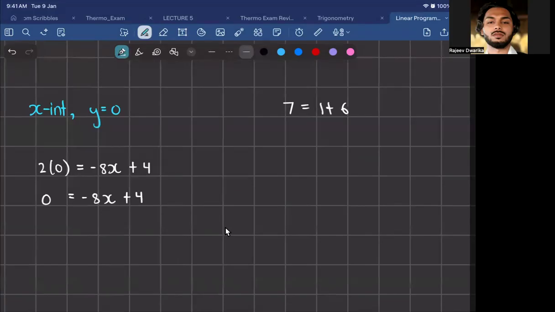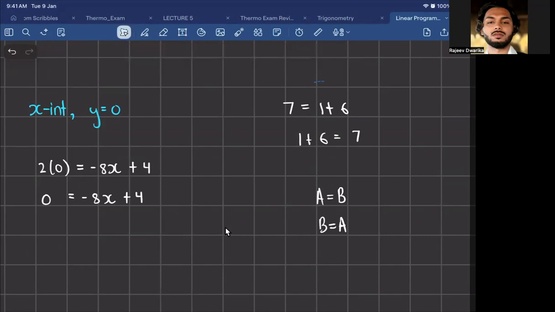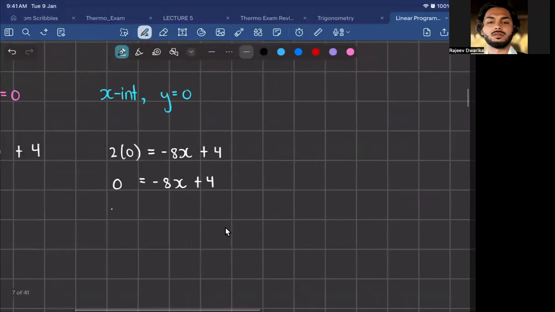If I switch the order and write 1 plus 6 is equal to 7, does that still make sense? Yes. If I say A is equal to B and switch the order, it's still equal. So you could switch the left-hand side with the right-hand side. It wouldn't affect anything. So you end up with minus 8x plus 4 is equal to 0.